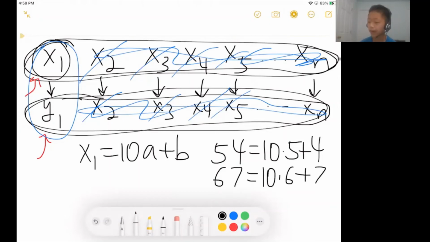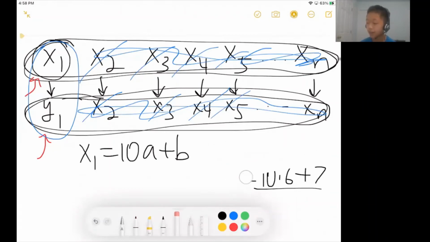You can always write any 2-digit number as 10 times something plus something. So I'm going to write X1 as 10A plus B, where A represents the tens digit of X1 and B represents the units digit of X1.